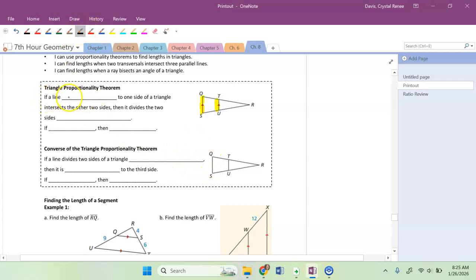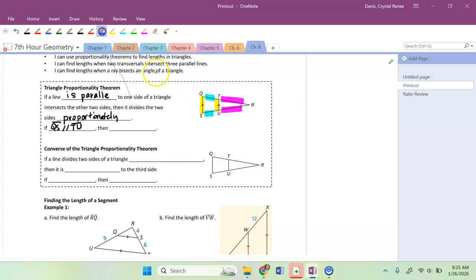So if a line is parallel to one side of the triangle and it intersects the other two sides, then it divides the two sides proportionately. I misspelled, but that's okay.